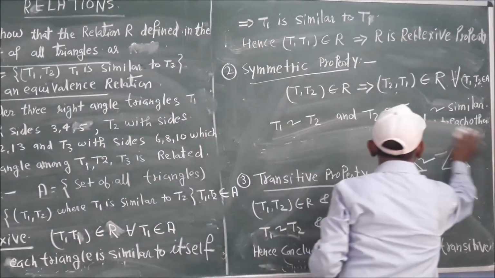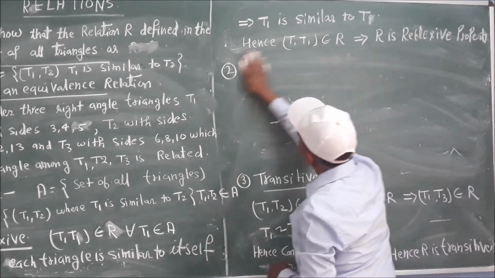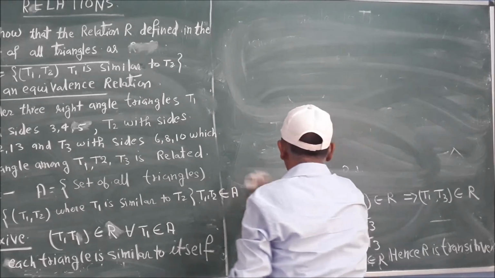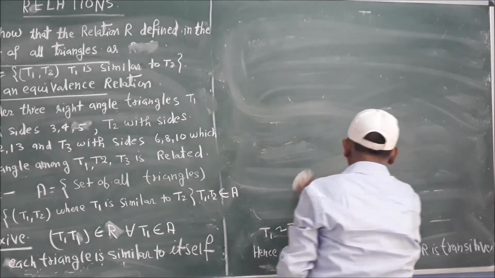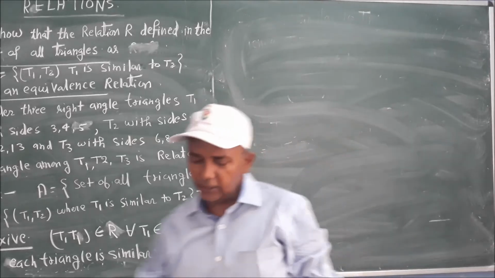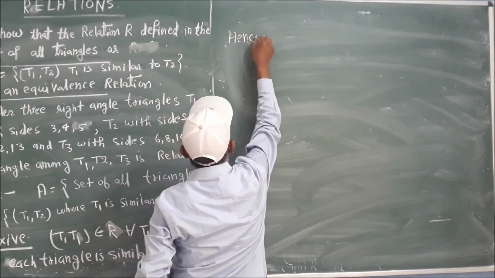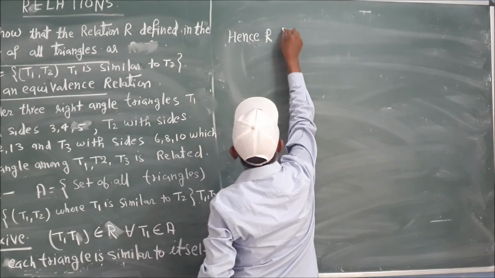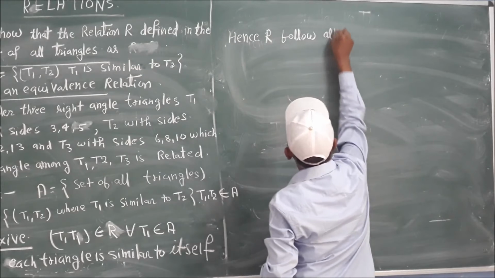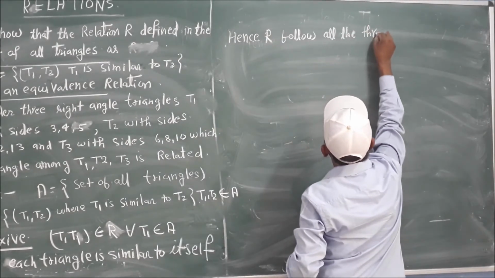So what is its meaning? This means that this relation R is an equivalence relation. So we must write here: the relation R is an equivalence relation. Hence, R follows all three properties.